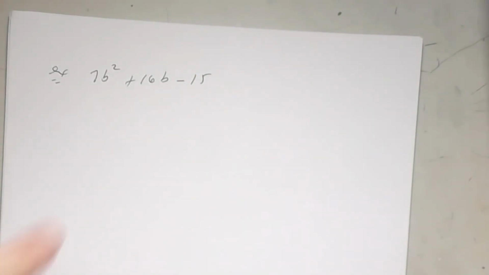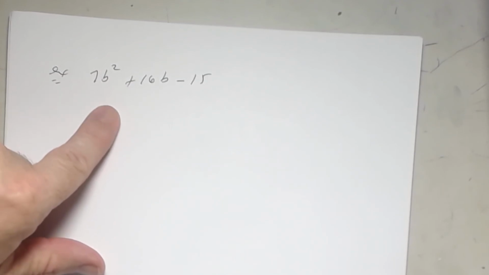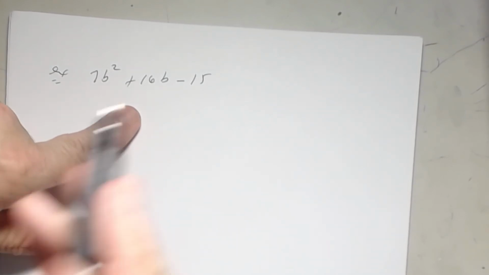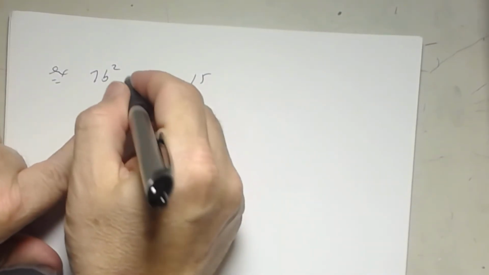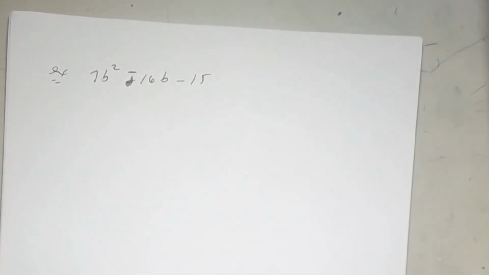Let me make sure I didn't mess this up. 7b squared. Okay, make that negative 16b, and then minus 15. Okay. All right, so let's deal with that.